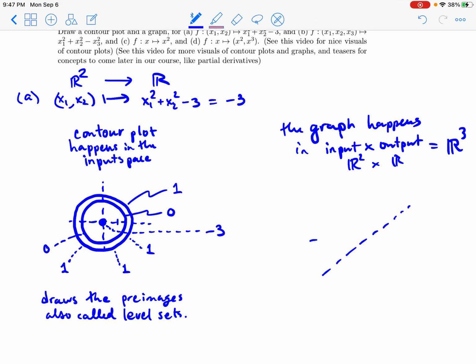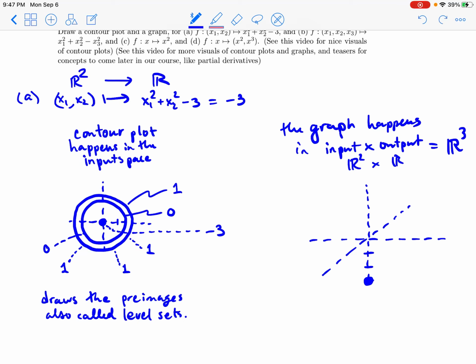And so if I put let's say this is the x1 plane, this is the x2 plane, and then this is a new plane, a new dimension to represent the output space. Well, then height -3 has one single point. Only one point has a -3 hovering above it. And so 1, 2, minus 3. There's a point on my graph.